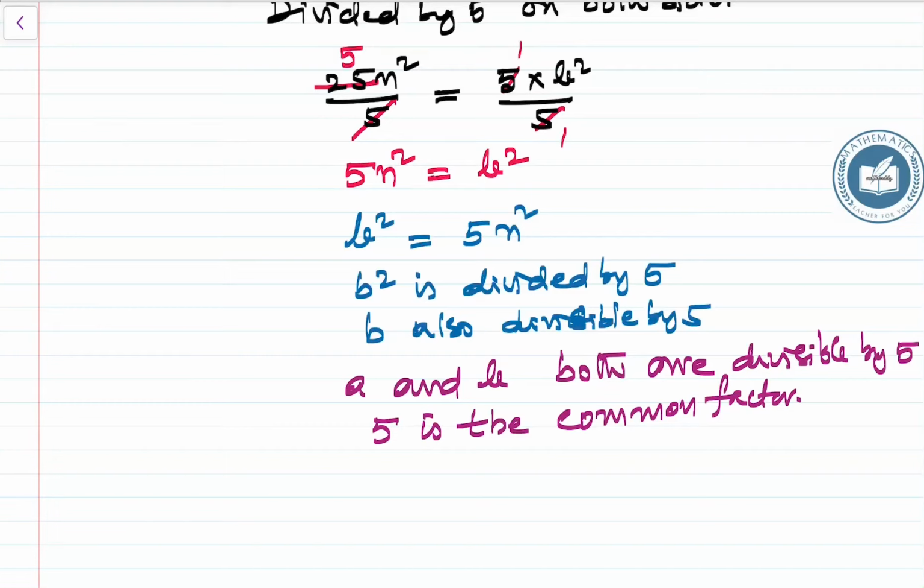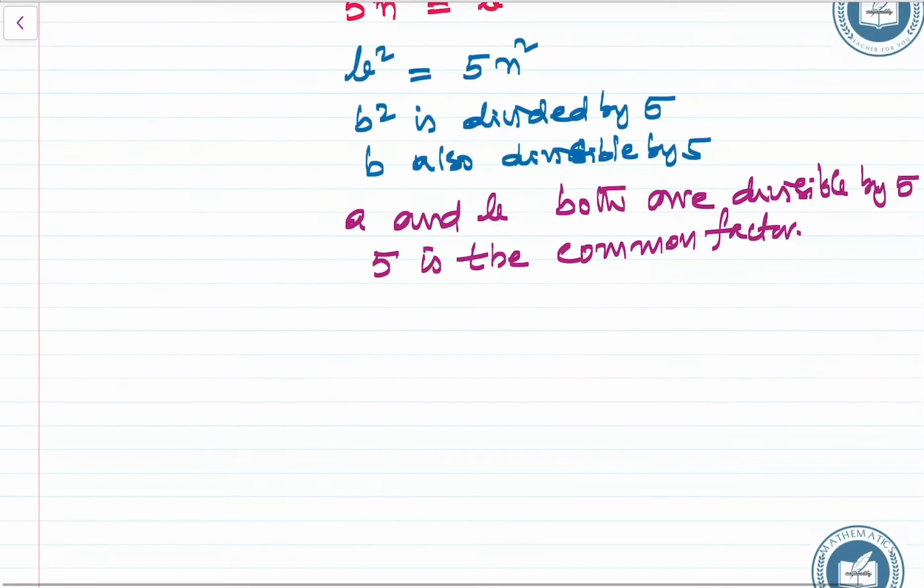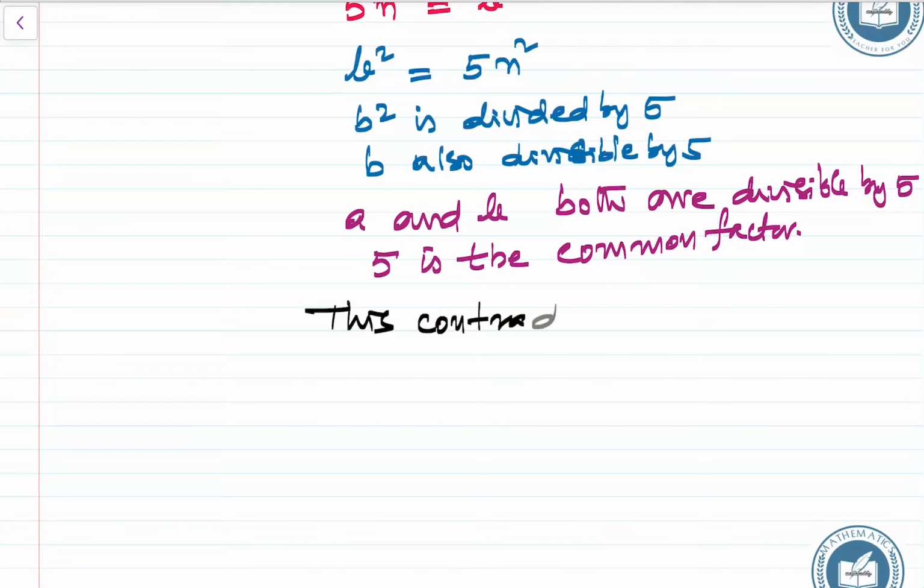So this contradicts the fact. Actually our assumption is a and b have only one common factor. So 1 is the common factor, but we came to the answer that 5 is the common factor. So this contradicts the fact. Therefore our assumption is wrong.